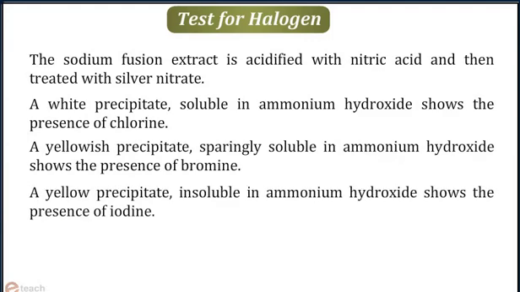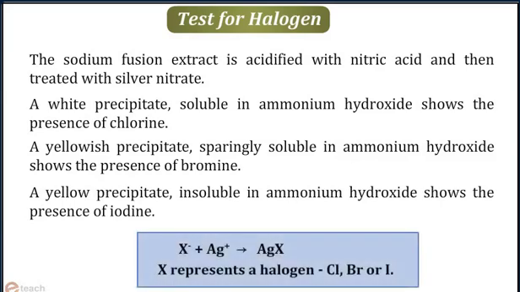A yellow precipitate insoluble in ammonium hydroxide shows the presence of iodine. The reaction taking place is Ag+ + X- gives AgX, where X can be Cl, Br or I.